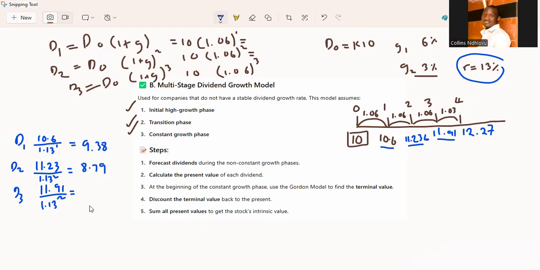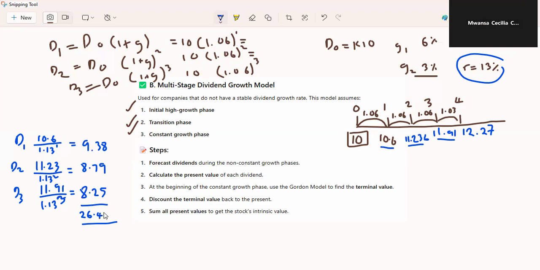Then here, 11.91 divided by 1.13 to the power 3, so we are going to have 8.25. So let's add all these to find the value of stock for the first phase. The total gives us 26.42.